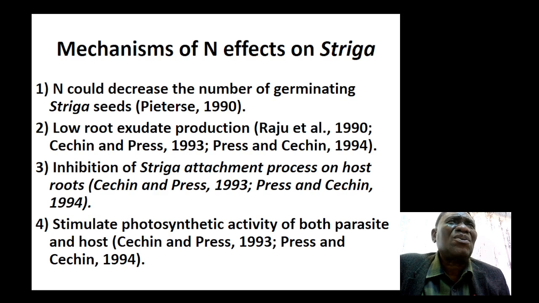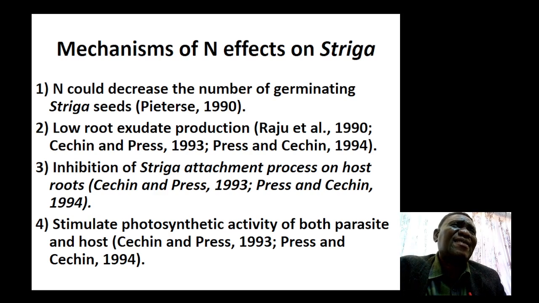Nitrogen could decrease the number of germinating striga seeds, as reported by Peters in 1990, or there can be low stimulant production or low root exudate production, as reported by these authors. There can also be inhibition of striga attachment process on the host root.